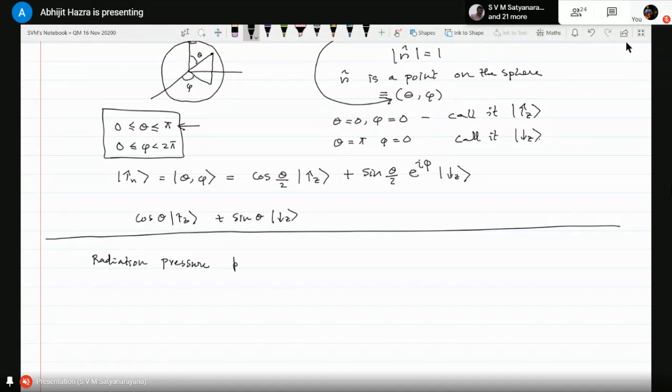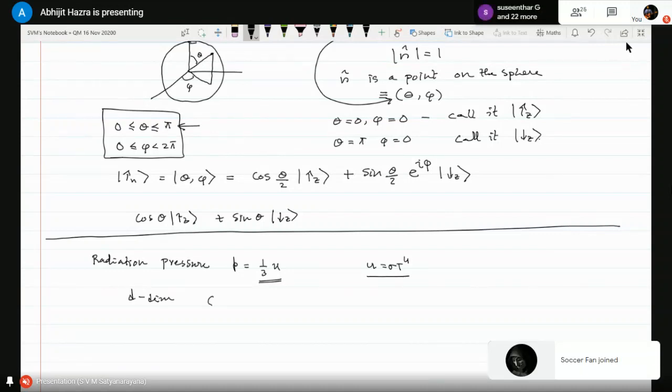The radiation pressure is given by 1 over 3 times U, and this is what gets you finally U equal to sigma times T to the power 4. Now, if you have D dimensions and energy as a function of p to the power s, then the pressure is equal to s by d times U.